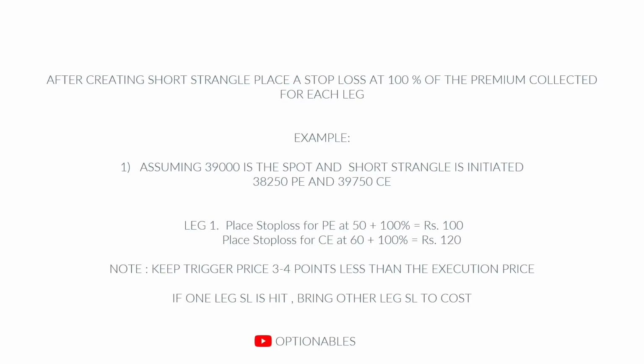Let us say I have shorted the put option at $50 and I'm placing a stop loss at 100% of it, which will be $100. Similarly, for the call option, I have shorted at around $60, so I'll be placing a stop loss of 100%, which will be $120.